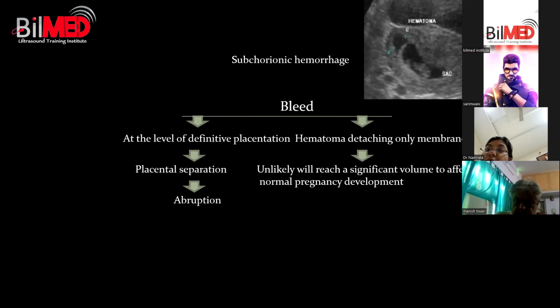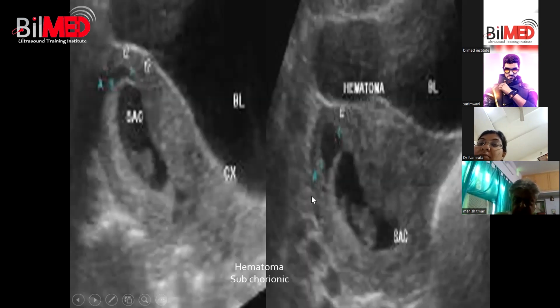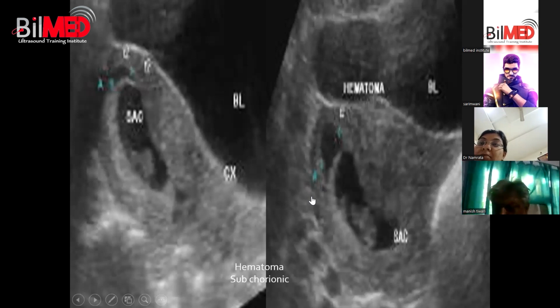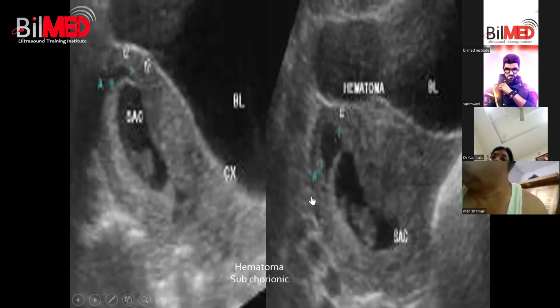Now, you might be thinking, what is the placental site? The chorion frondosum itself is the placental site. So the point is you have to search for the chorion frondosum. Now, how is that chorion frondosum looking on ultrasound?